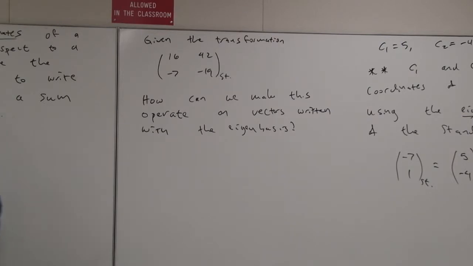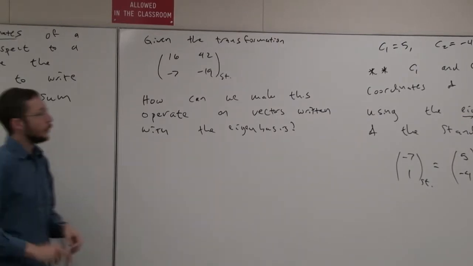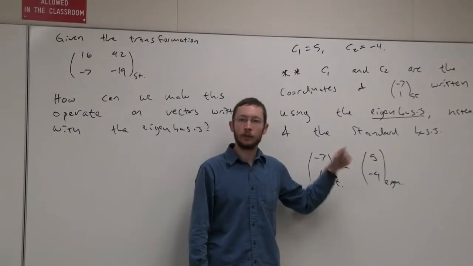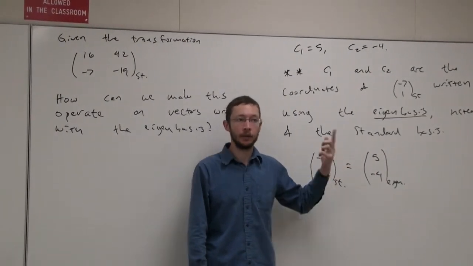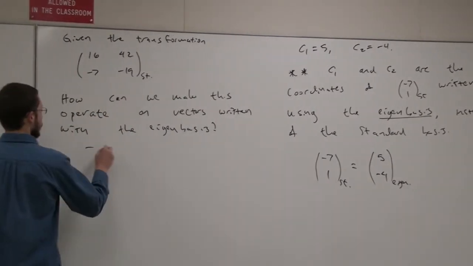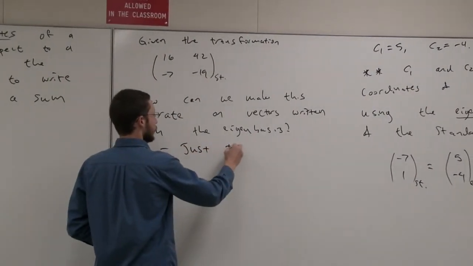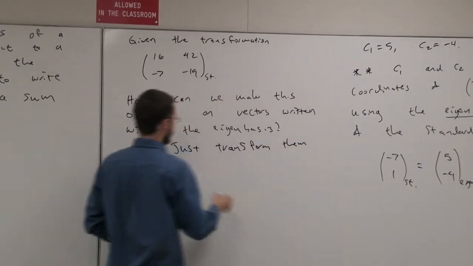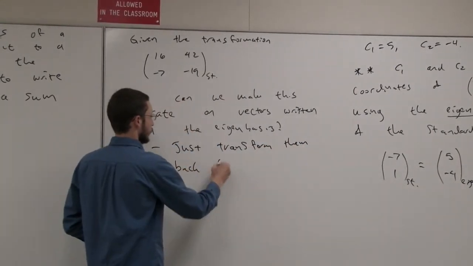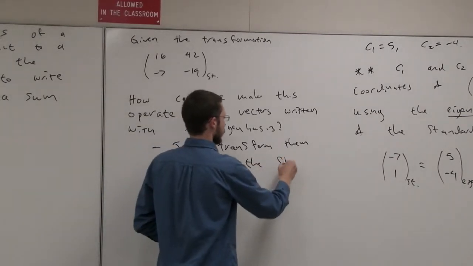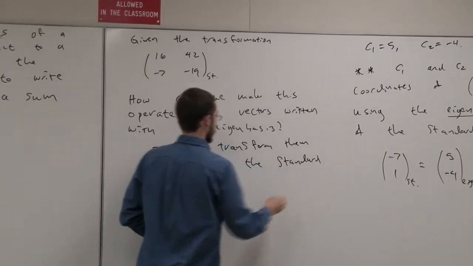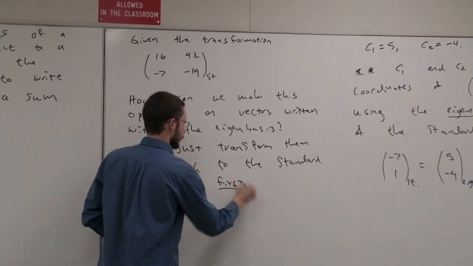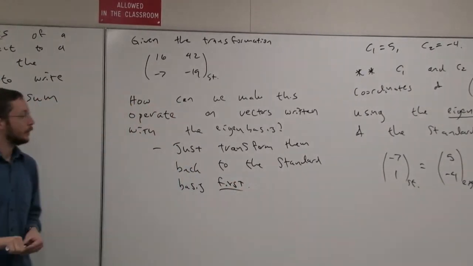And the answer to that is actually pretty simple. All we're going to do is take vectors that are written in terms of the eigenbasis, and just transform them back to the standard basis first. That's all there is to it.